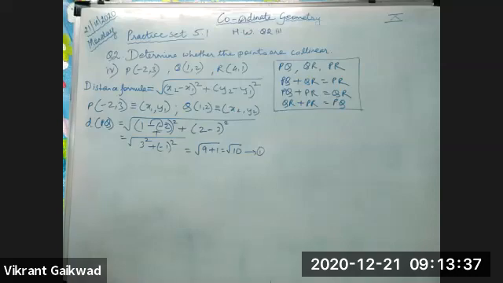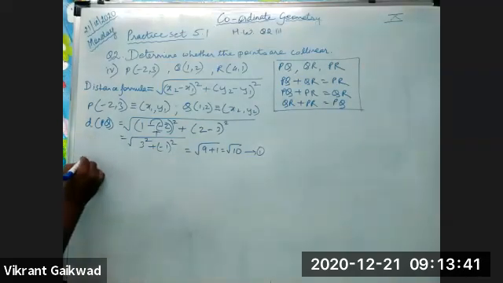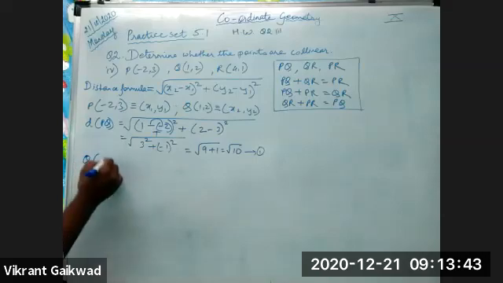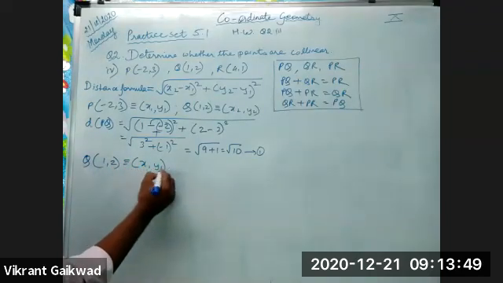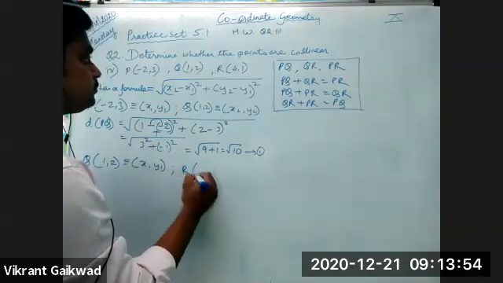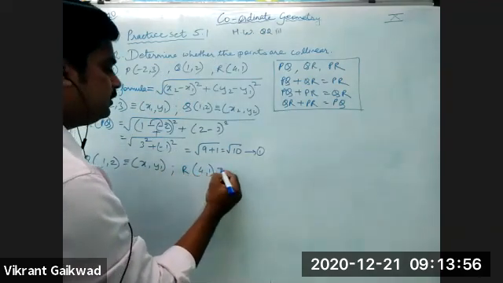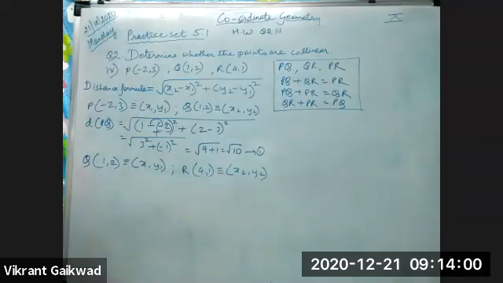Next, you'll find the distance QR. First I'll write Q. What are the coordinates of Q? 1 comma 2, so this is equivalent to x1, y1. R is 4 comma 1, equivalent to x2 and y2.